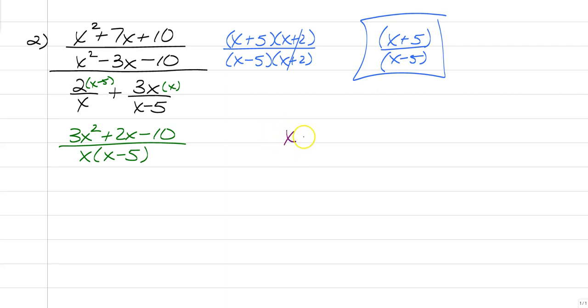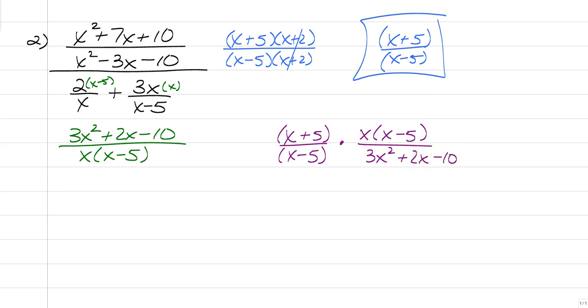So now it's top, which is x plus 5, over the bottom, x minus 5. And then we're going to multiply that by the reciprocal of this, the bottom expression. So we have x times x minus 5 all over 3x squared plus 2x minus 10. And we have some x minus 5's that can cancel.